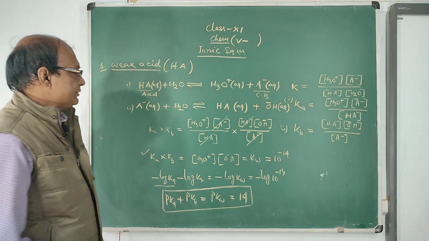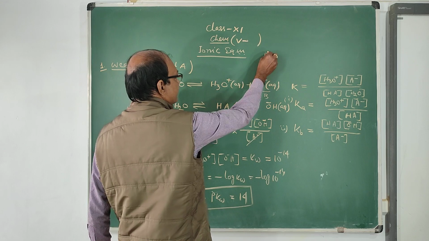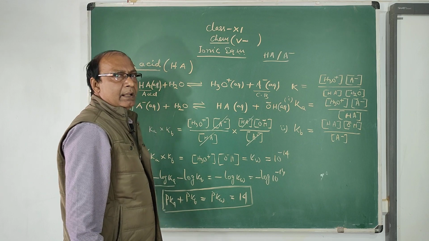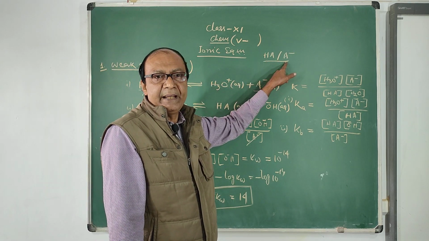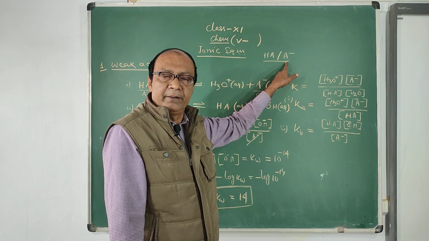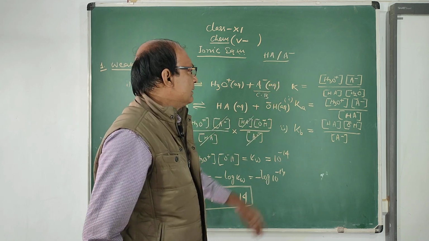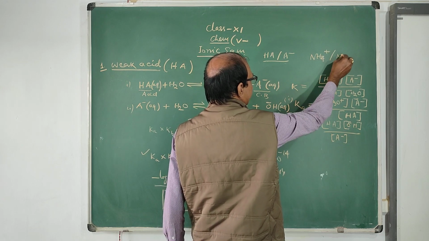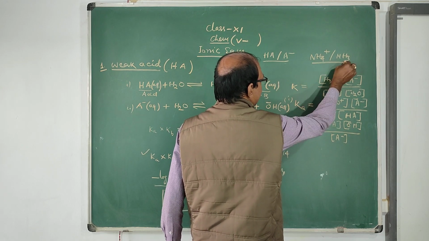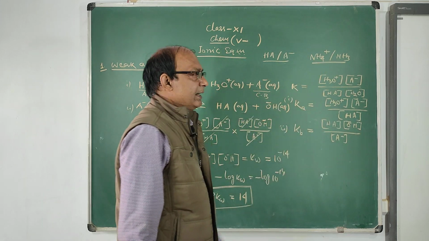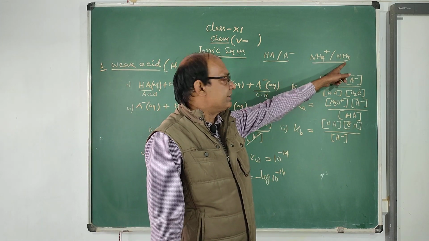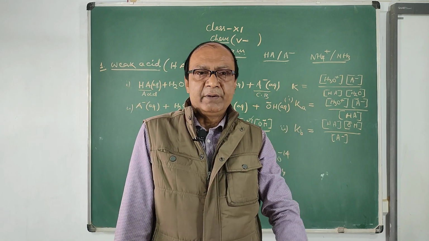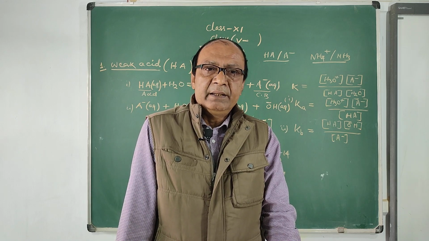As you see, we have taken this example, the conjugate acid-base pair HA and A minus. For a conjugate acid-base pair, pKa plus pKb equals 14. Remember. And for another example, the conjugate acid-base pair NH4 plus and NH3. This is the acid, this is its conjugate base. So for any conjugate acid-base pair, this relation is valid.